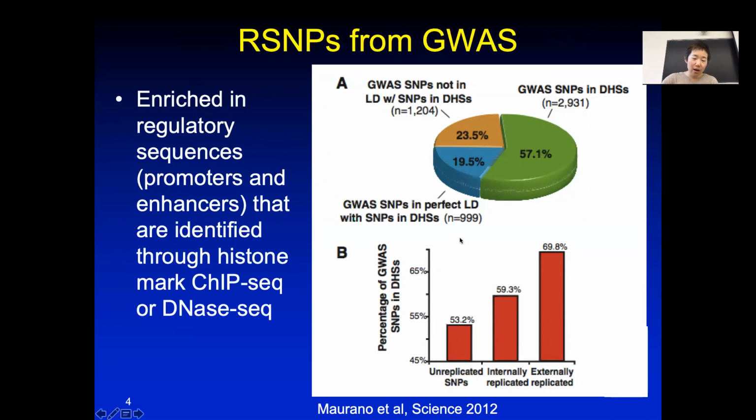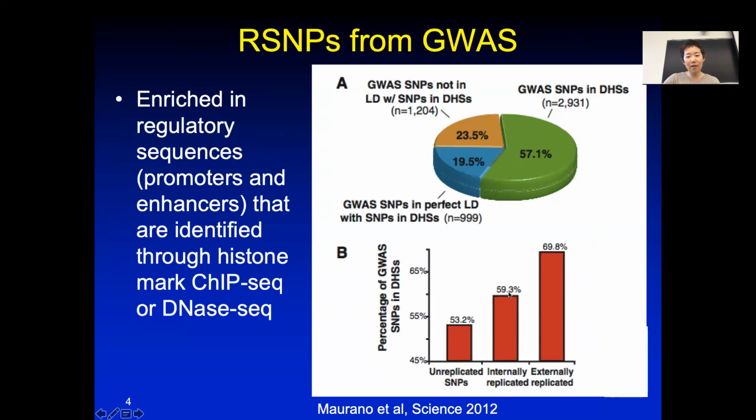Yeah, and so this is in figure A, and in figure B, this part is also quite interesting. They are looking at the percentage of GWAS SNPs that are in the DNase hypersensitivity regions. And what they found is that if this GWAS SNP lands in a DNase hypersensitivity region, which means it's probably bound by a transcription factor, there is about a 70% chance it will be externally replicated, which means in different studies, they actually can replicate each other.